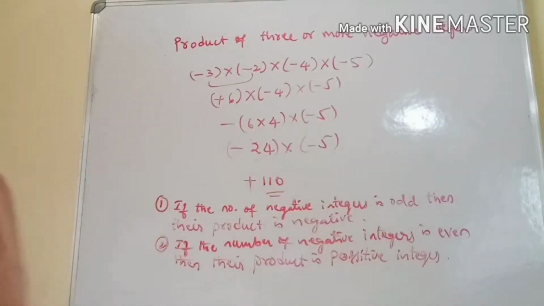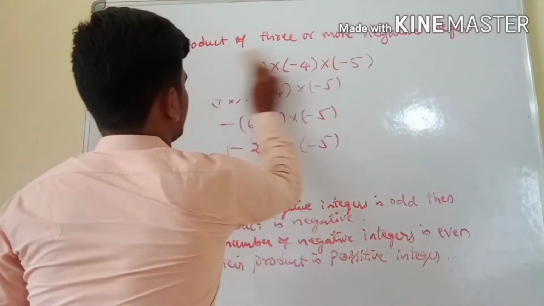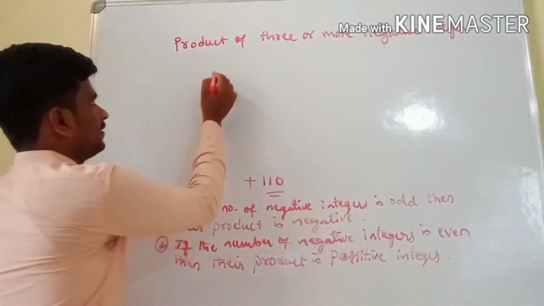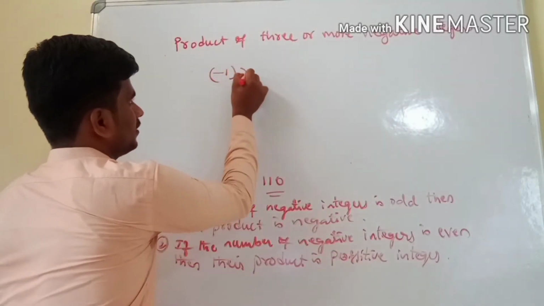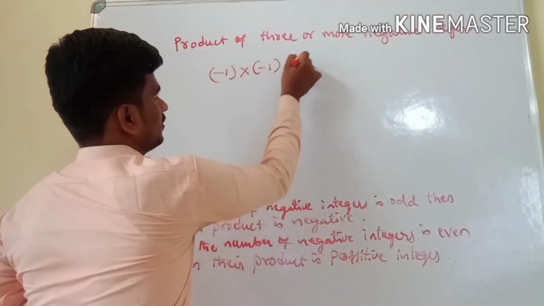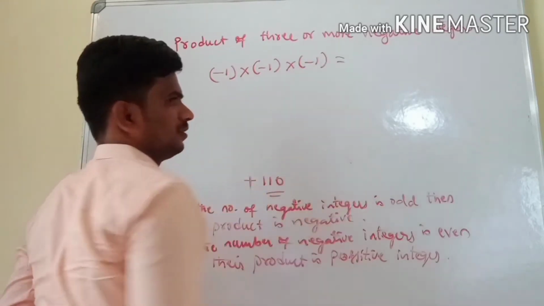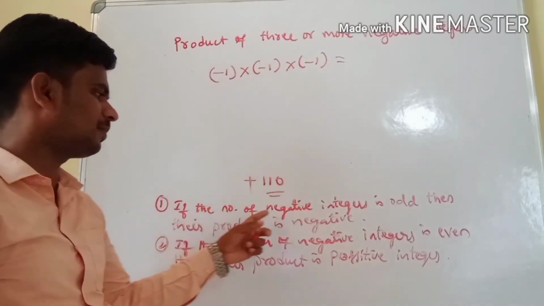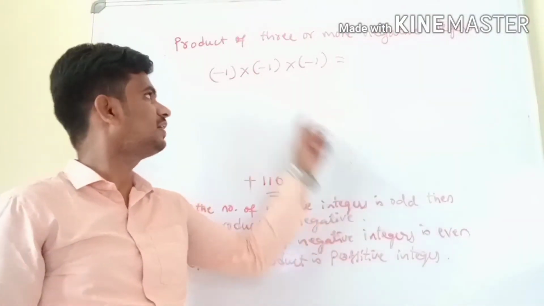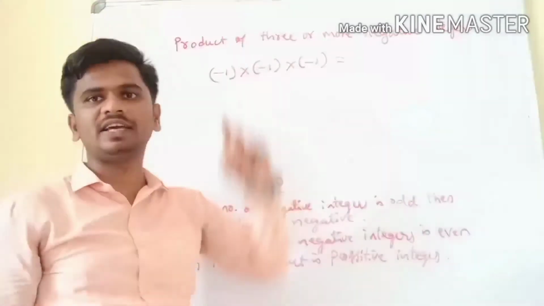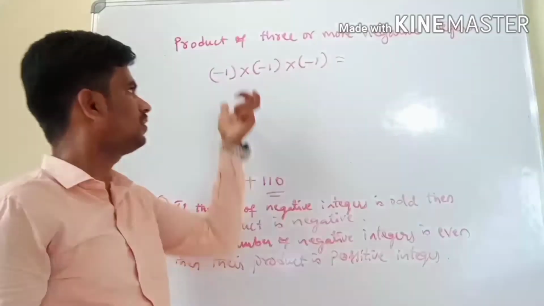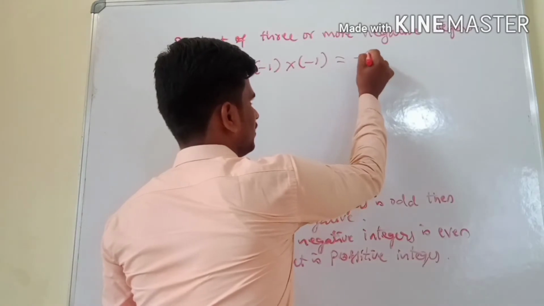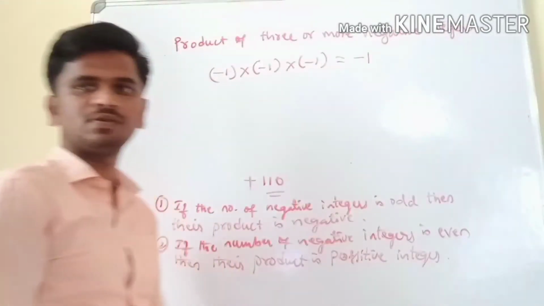Then there is an important note here. What happens if you multiply minus 1 three times? Minus 1 into minus 1 into minus 1. According to the first note, if the number of negative integers is odd, here how many times? 1, 2, 3. Three times is odd, so if you multiply minus 1 three times, obviously its value will be minus 1.